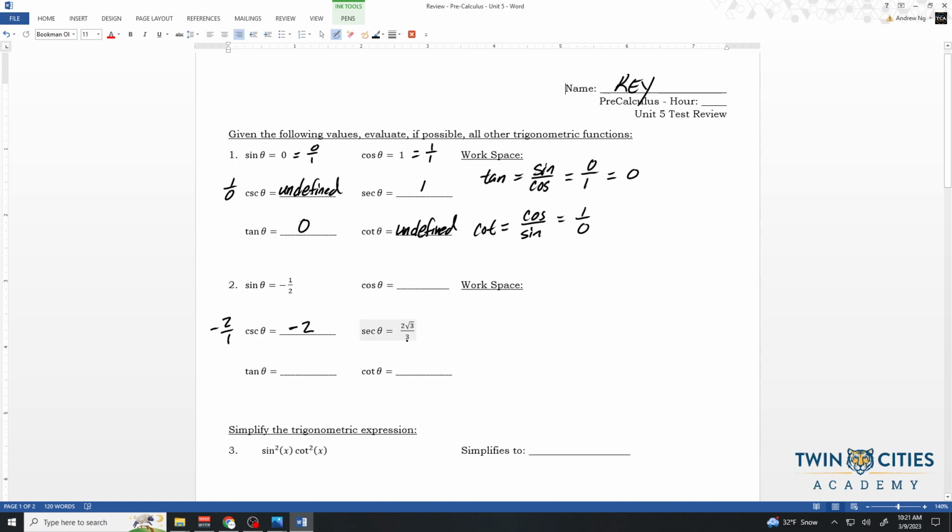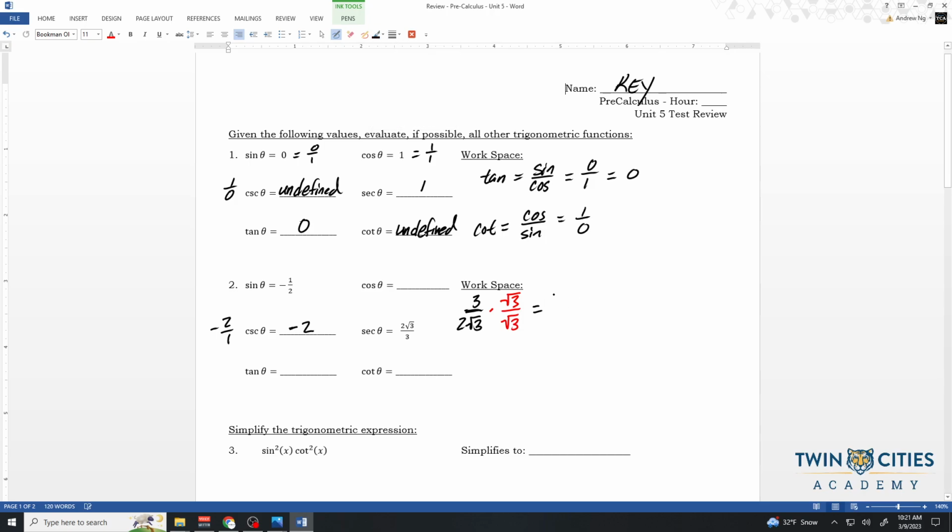Going from the secant to the cosine, so the reciprocal of the secant, this would be 3 over 2 square root of 3. However, I don't like having that square root of 3 in the denominator, so I'm going to rationalize the denominator. That means multiply the top and the bottom by the square root of 3.